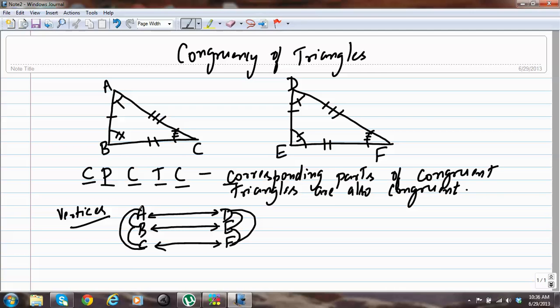In the same way, we can also say that all the three angles are corresponding: angle A equal to angle D, angle B equal to angle E, and angle C equal to angle F. So this is the meaning of this term CPCTC.